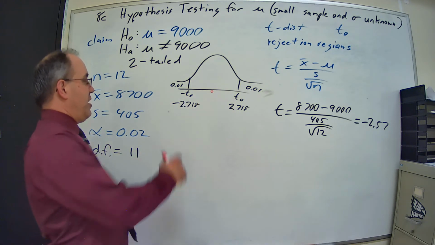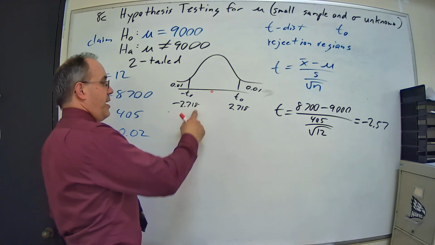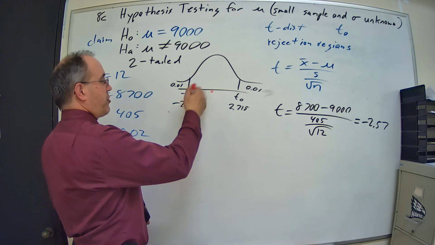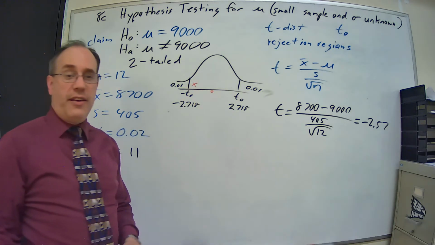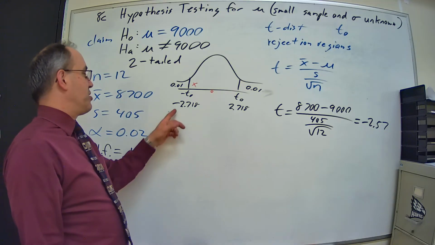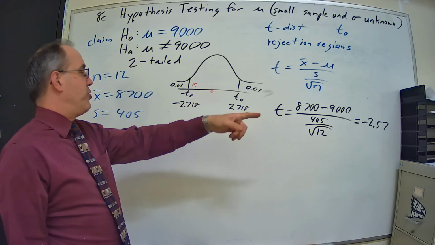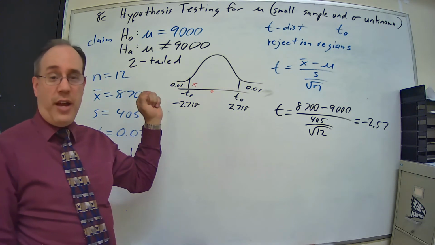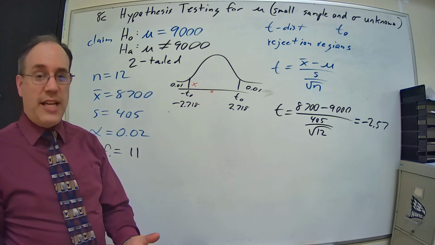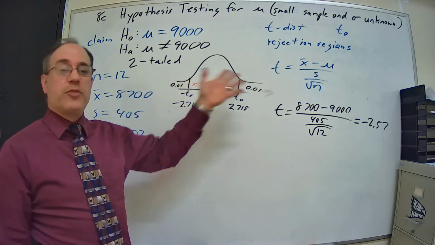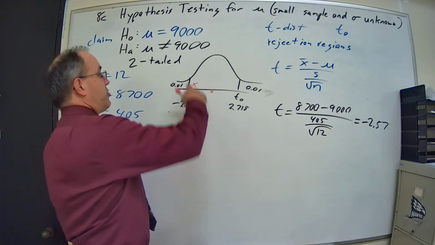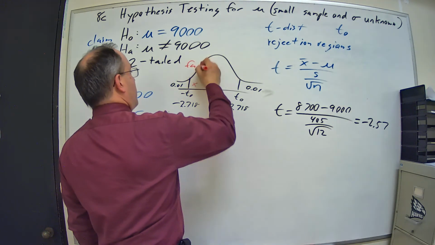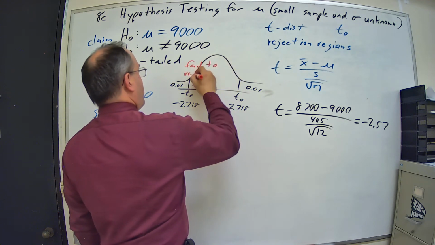So if we have negative 2.718, negative 2.57 is closer to 0, so it's actually on this side. People have a tendency to look at this and go, oh, negative 2.718, we have negative 2.57, well, that's less than that, and they put it on the left-hand side, which is not correct. The magnitude is less, but the number is actually greater. It's more positive. So we're not in the rejection region, so we fail to reject the null hypothesis.